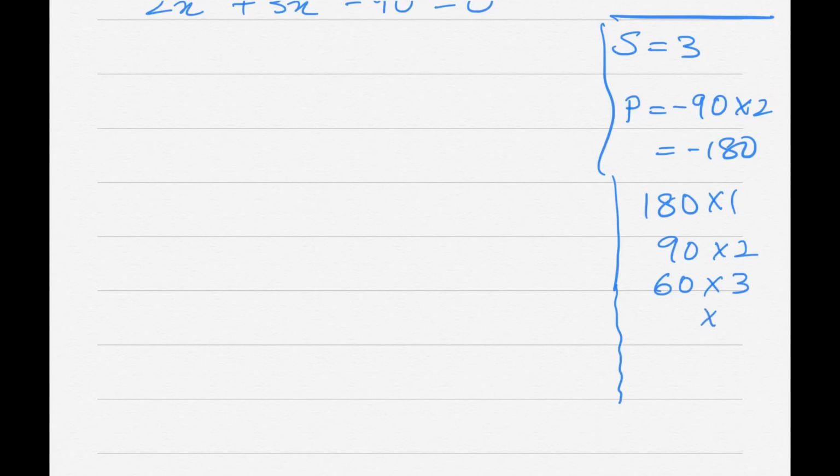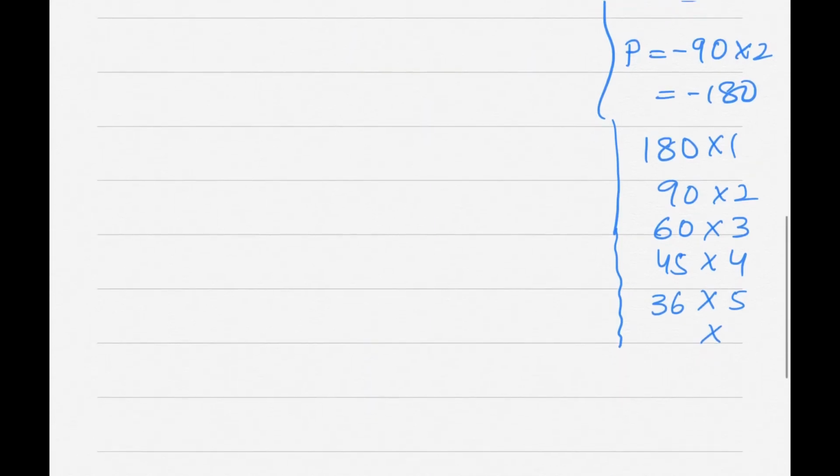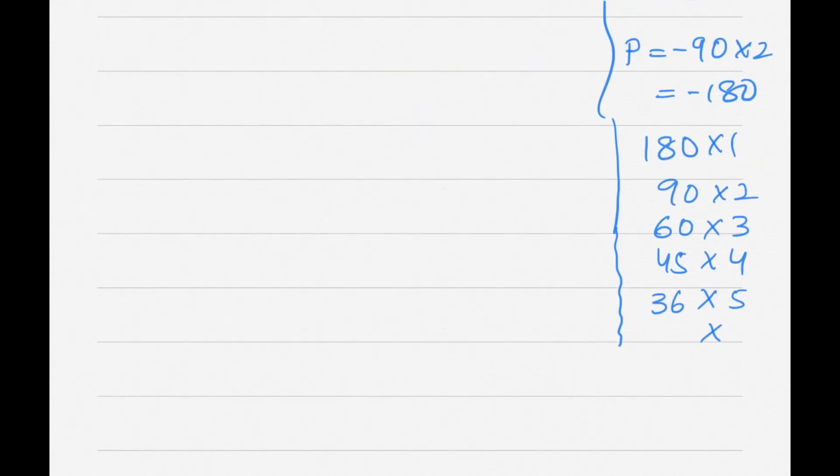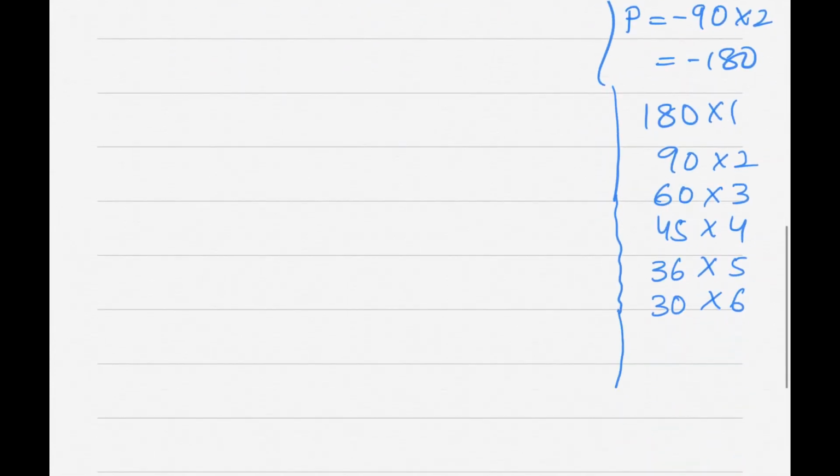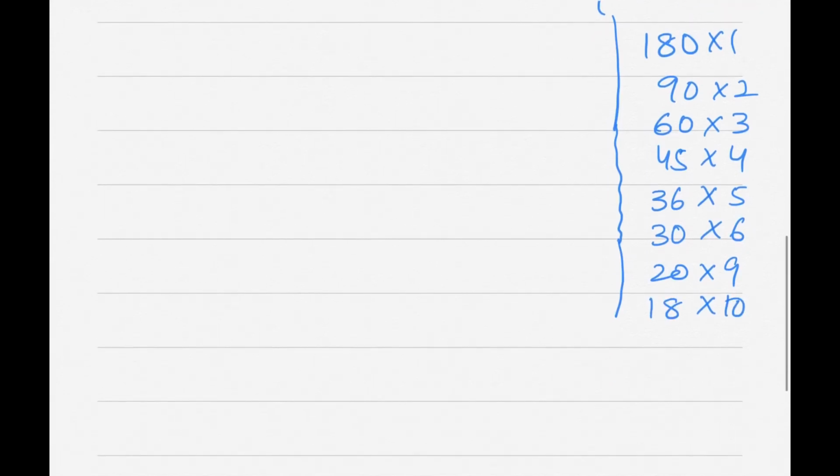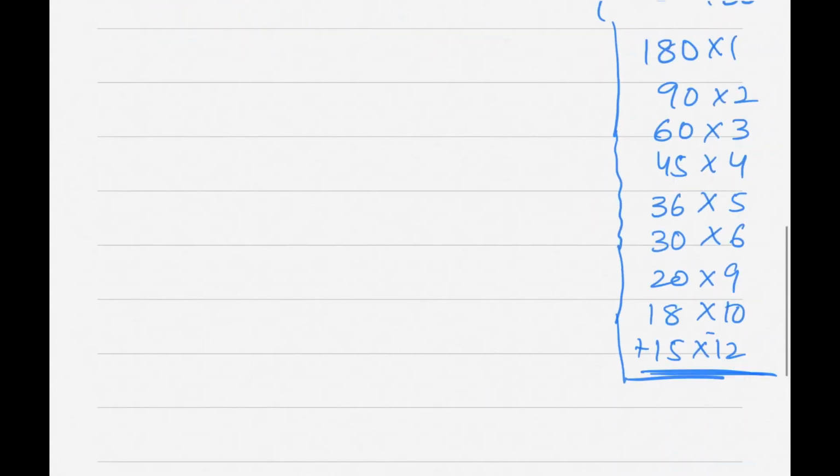Going on with 4 and 45, then 5 and 36, 6 and 30, still my difference is not 3, right? 20 and 9, then 18 and 10, then 15 into 12. Okay, I can take plus 15 and minus 12.